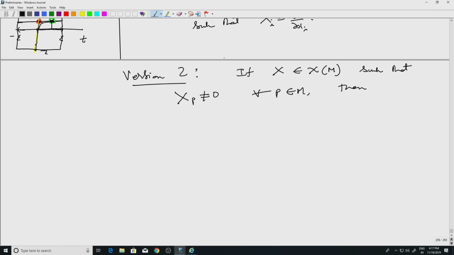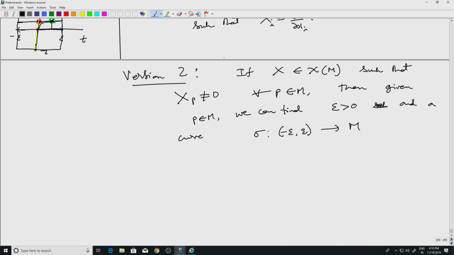then given p in M, we can find epsilon greater than 0 and a curve sigma from minus epsilon to epsilon with sigma 0 equals p, and then sigma prime t equals X at sigma t.